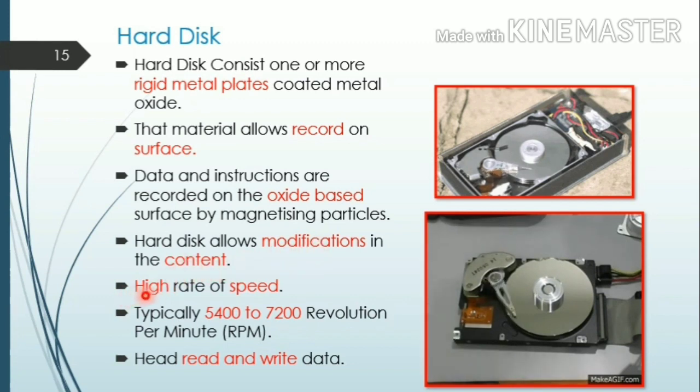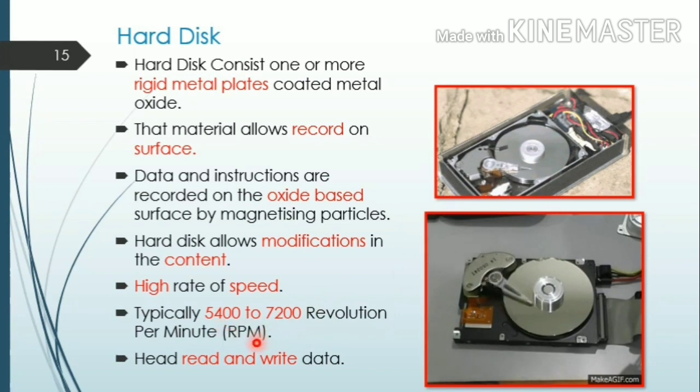And it has a high rate of speed, which depends on the computer, because of the speed of the platters. Typically 5400 to 7200 revolutions per minute. These discs move very fast in a computer when it is on.